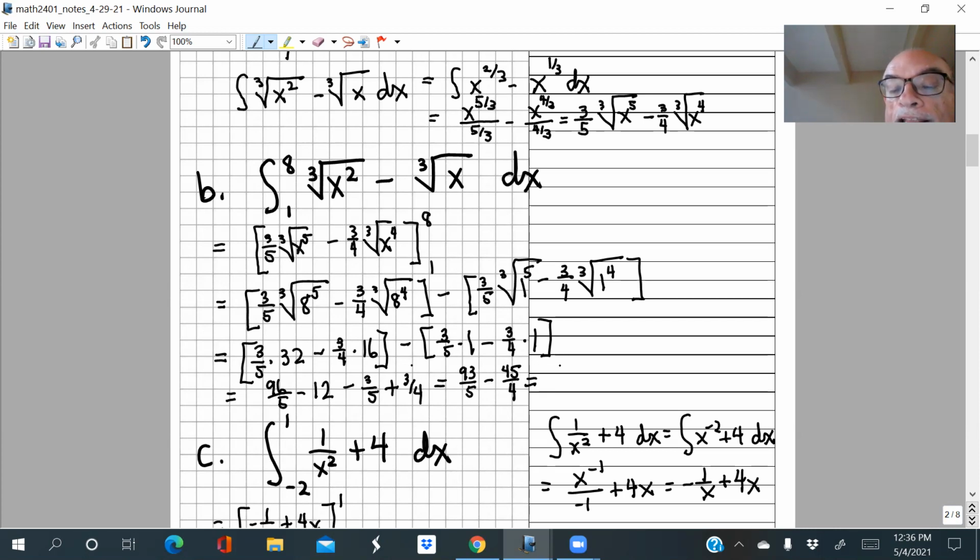So if you multiply 93 times 4, what is that? 372? Am I doing that right? So we have 372/20. Multiply top and bottom by 4. And then here, multiply top and bottom by 5. So you would get, of course, 20 in the denominator. What's 5 times 45? Is that 225?